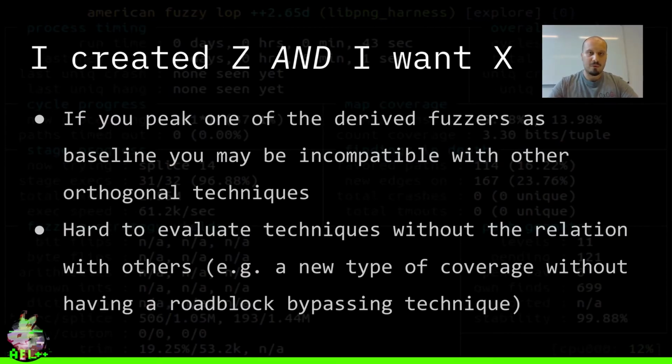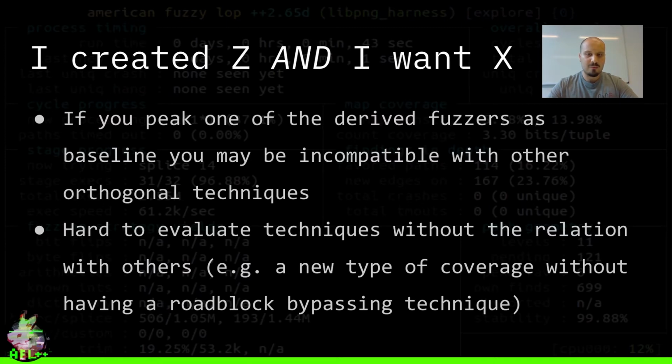Another problem for security analysts is that if an analyst creates a new fuzzing technique, they may want to cross-compare this new technique to the previous works that are the state of the art in fuzzing and theoretically compatible with this technique. This is often really needed to assess the real effectiveness of a new technique.